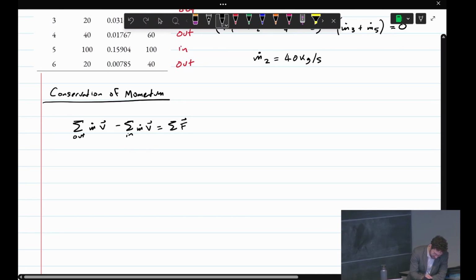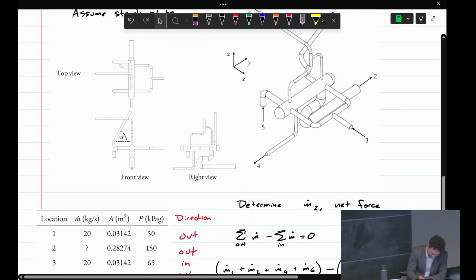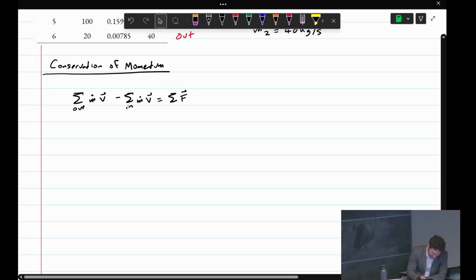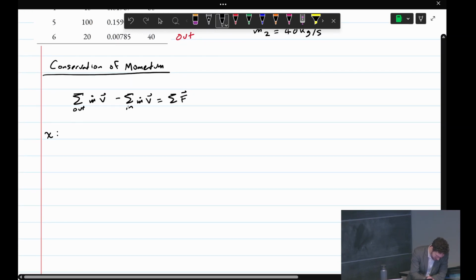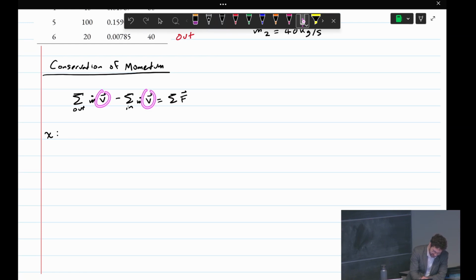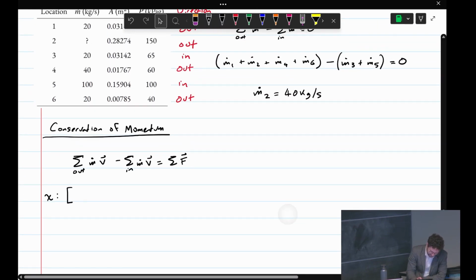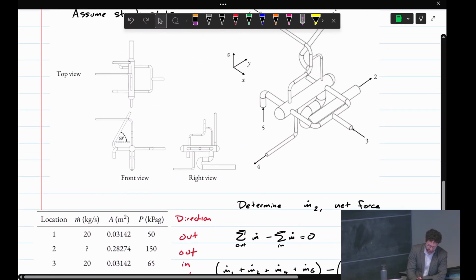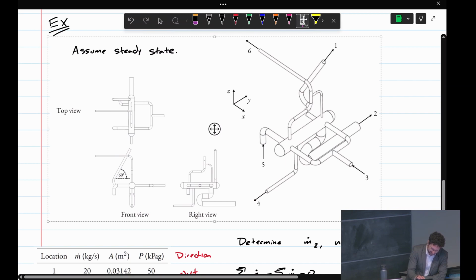Okay, so let's look. In the x direction, we need to worry about anything that has a vector component in the x direction in this equation. So let's go to our figure. The coordinate system is given here.